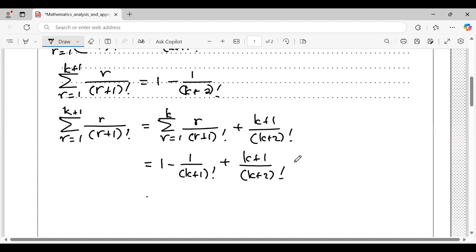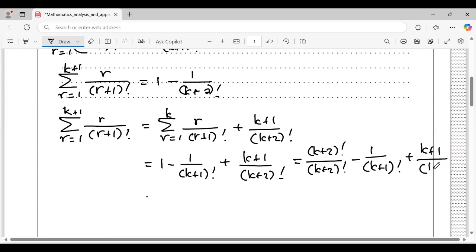This equals, I would like to write it here, 1 becomes (k plus 2) factorial over (k plus 2) factorial, minus 1 over (k plus 1) factorial plus (k plus 1) over (k plus 2) factorial.